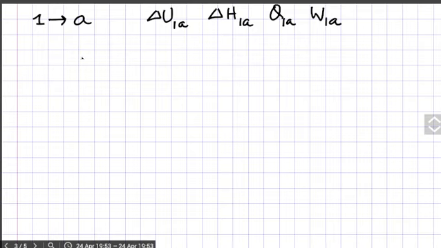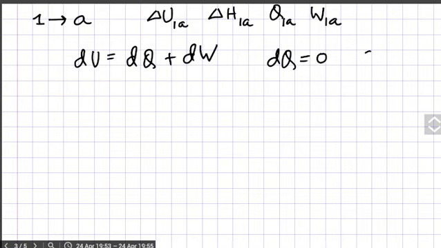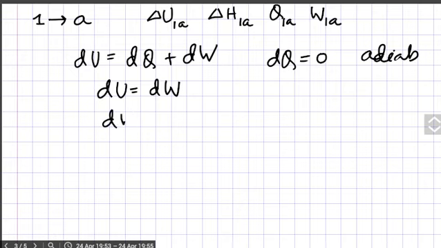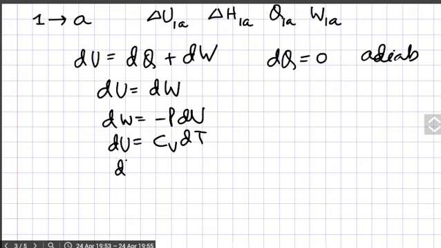First formula is the first law of thermodynamics: du is equal to dq plus dw, and for adiabatic process dq is 0. 1 to A is adiabatic, so you will get du is equal to dw, and next formula is dw is equal to minus p dv, and another formula is du is equal to cv dt, and dh is equal to cp dt. This formula will give you the work.